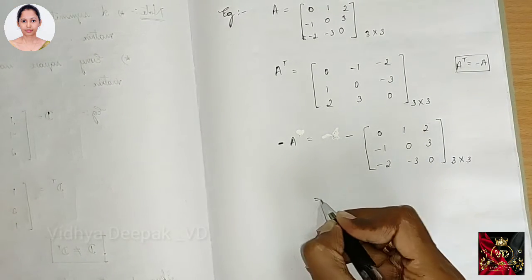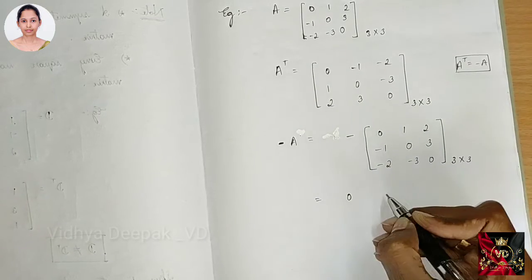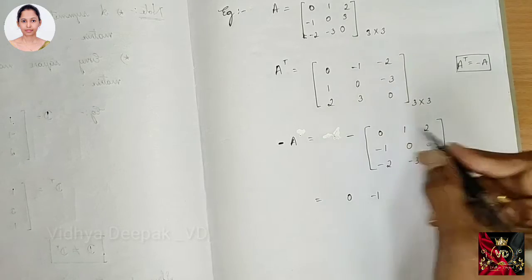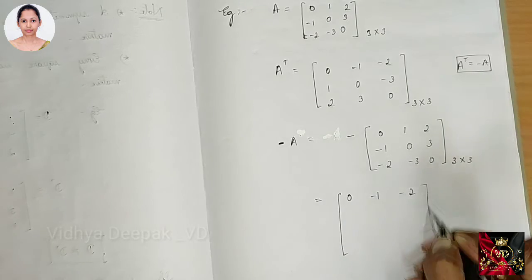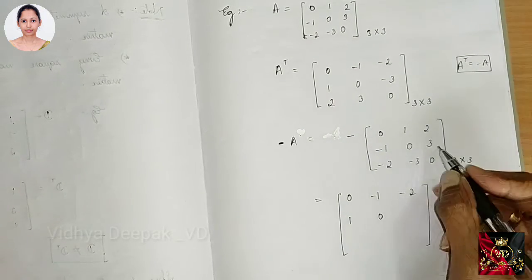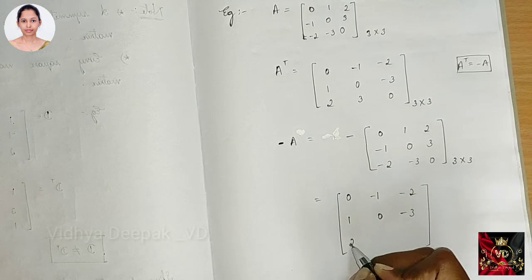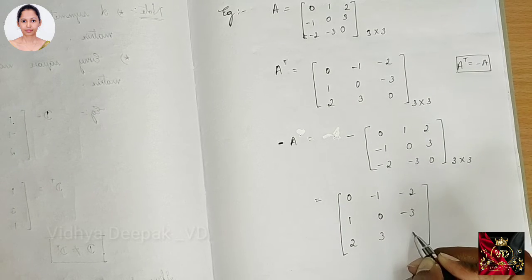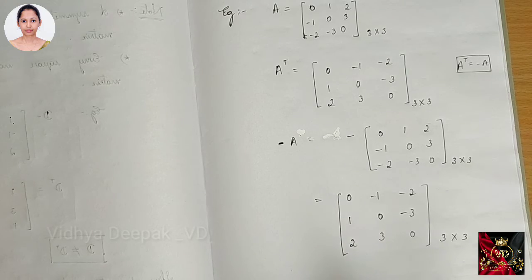So now multiplying this minus sign inside, what do you get? 0 doesn't have a sign. So 0, plus into minus is minus 1, again plus into minus is minus 2, minus into minus is plus 1, 0, plus into minus is minus 3, minus into minus is plus 2, minus into minus is plus 3 and 0, which is of order 3 cross 3.